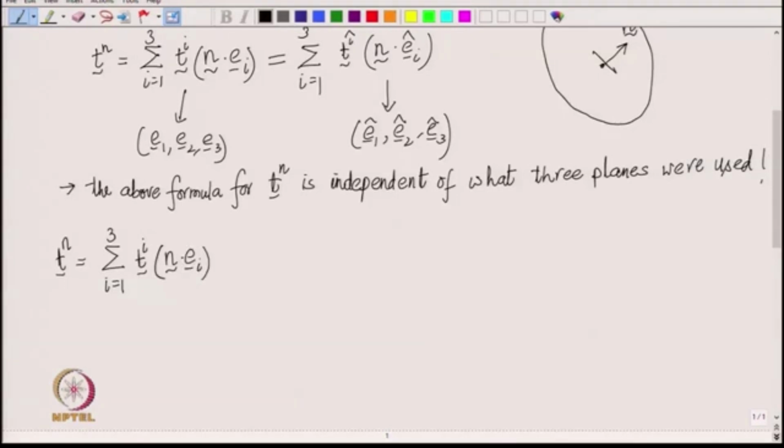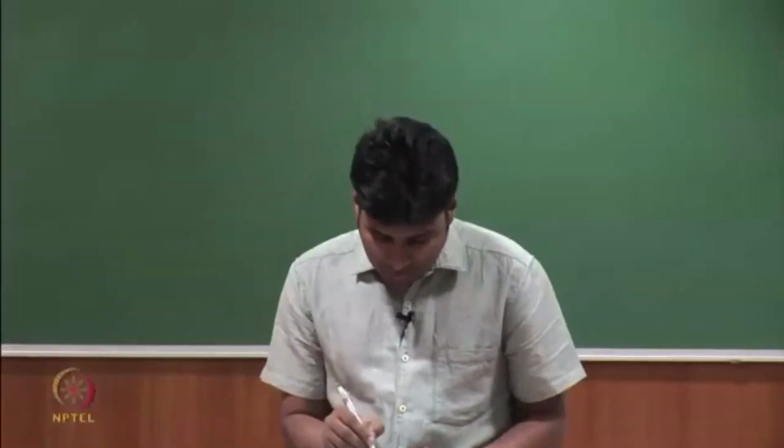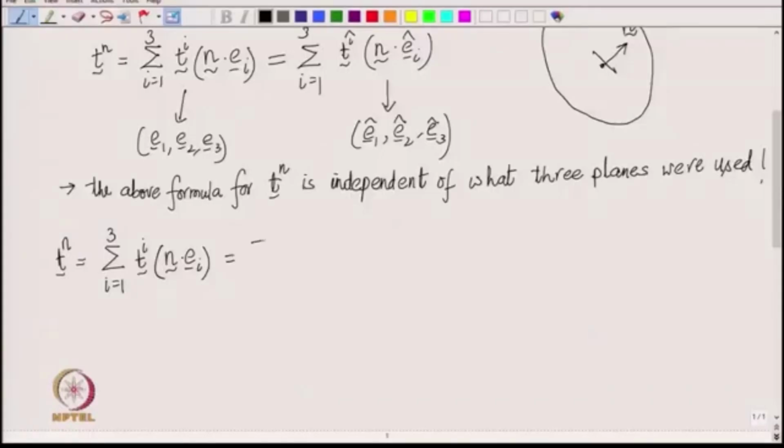Now, n dot Ei is the same as Ei dot n. So, I am going to write this as the sum over i equal to 1 to 3 of Ti times Ei dot n. No problem here, because the dot product is commutative, you can change the order.